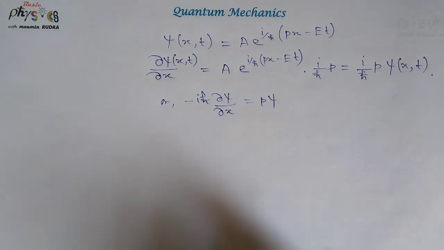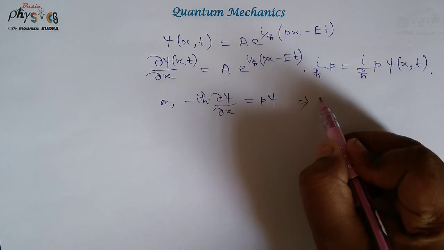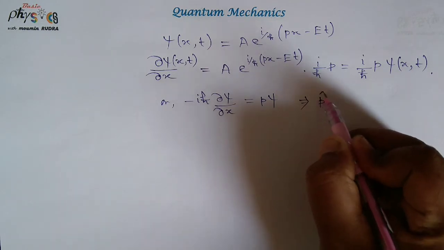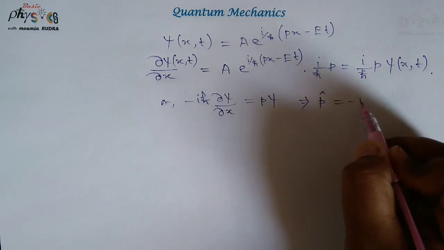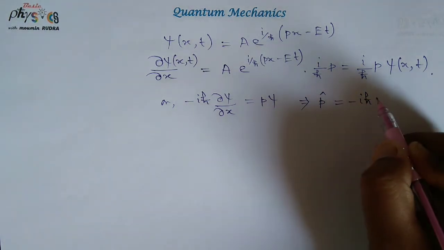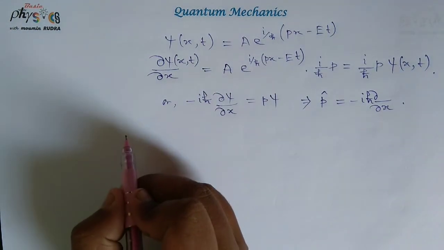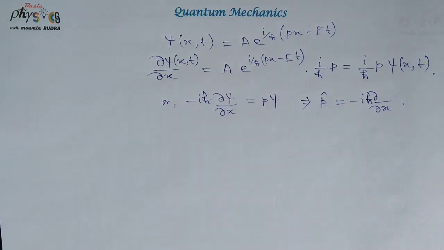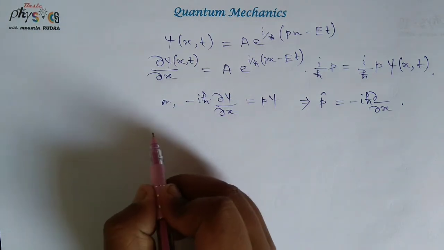So we can write the operator p equal to minus i h bar del by del x. Again we differentiate this equation with respect to x.